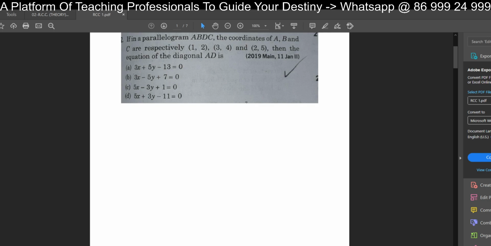How much is it? 15 by 2 minus 45 by 2. That is not satisfying. Minus 15 plus 7, not satisfying. So B is not the answer.